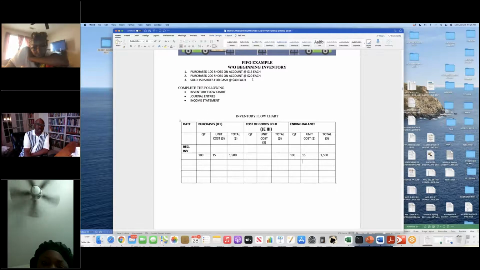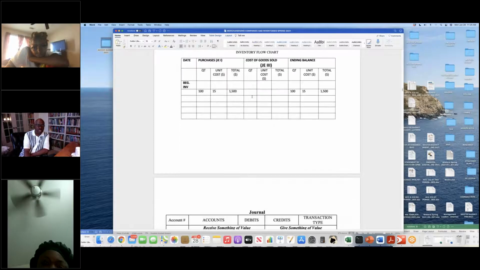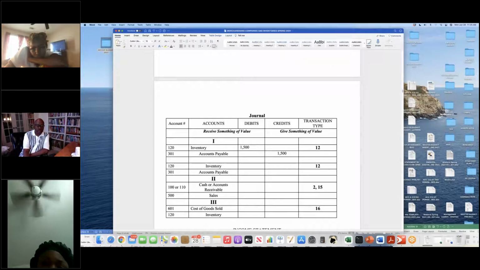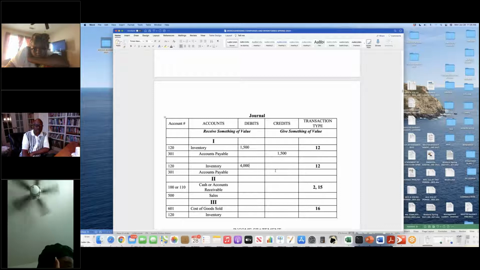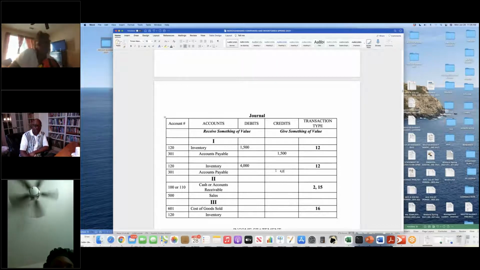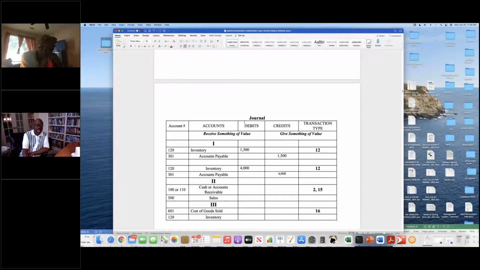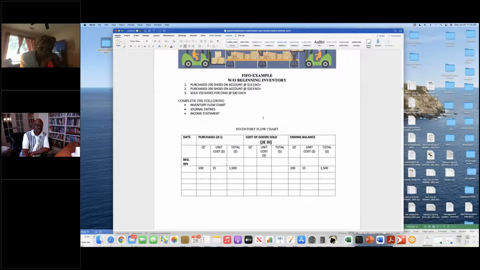Then we purchased 200 pairs of shoes for $20 each. So that's going to be 4,000. Another entry where we're debiting inventory for 4,000 and crediting accounts payable for 4,000. And now we're going to put this in the chart.